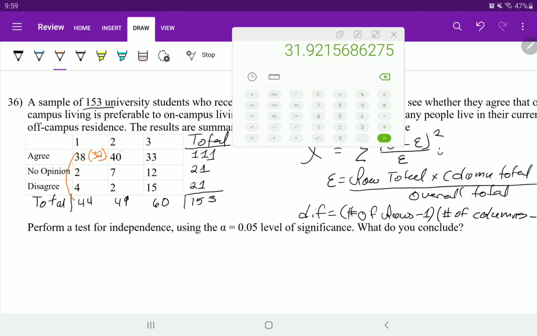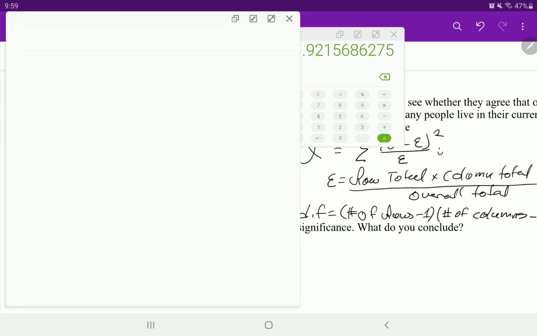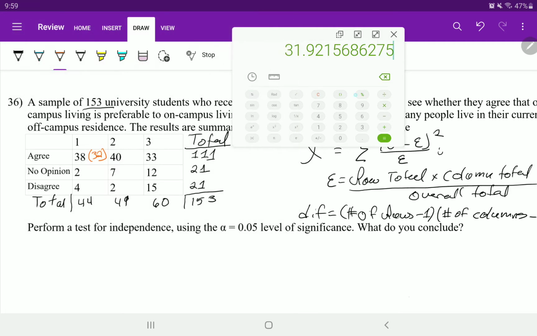Continue the same pattern. That is going to be the row total of 111 times the column total of 49 divided by the overall total of 153. We take that number and round it to the nearest whole number.